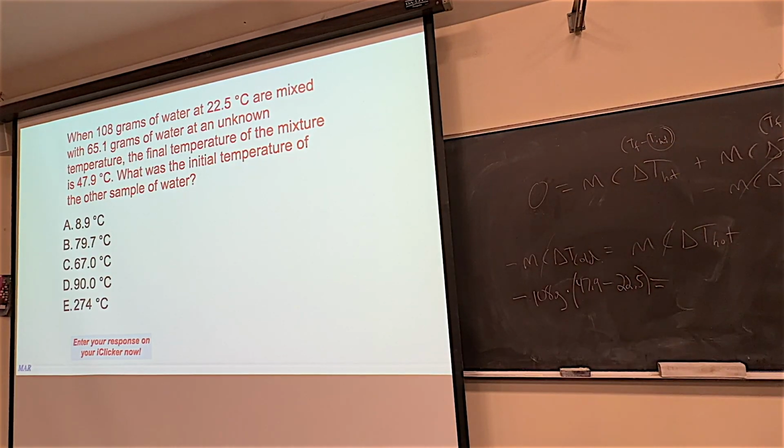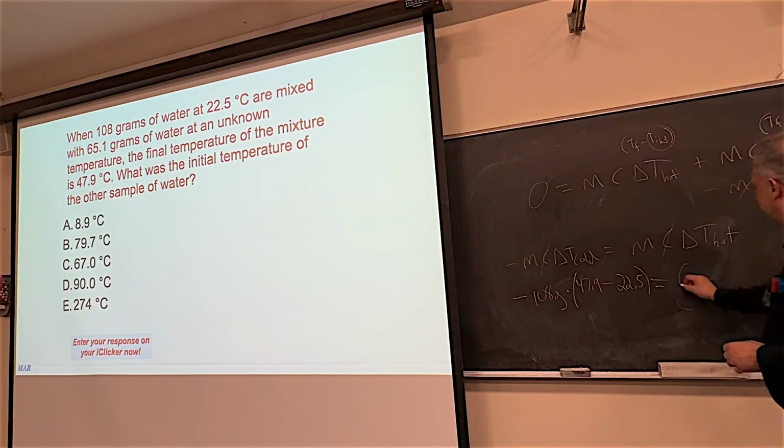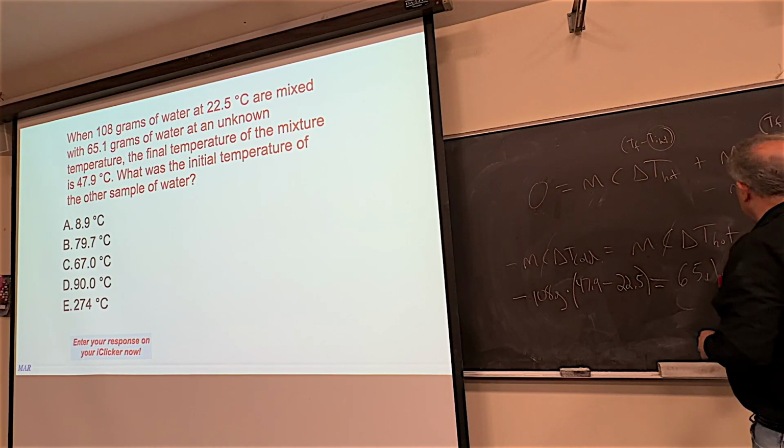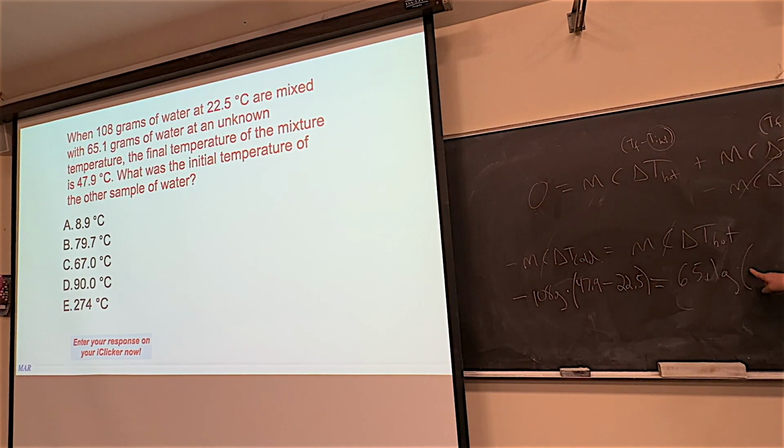That equals the mass of the hot, 65.1, times delta T hot, ends at 47.9, but we don't know what the initial temperature is. So you want to solve for that initial temperature of the hot part. So what I would do is solve for all of this part first, and then we'll go from there. Yeah, cool. These are great questions.